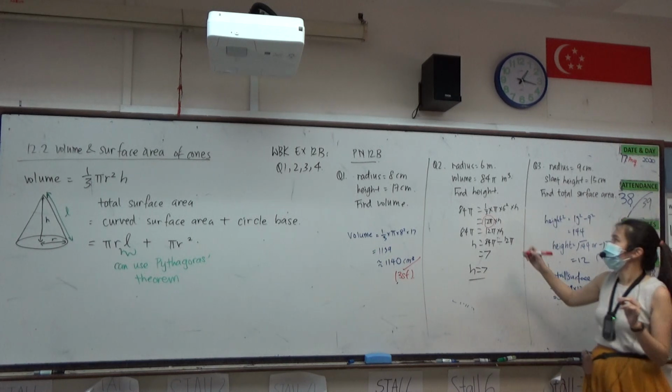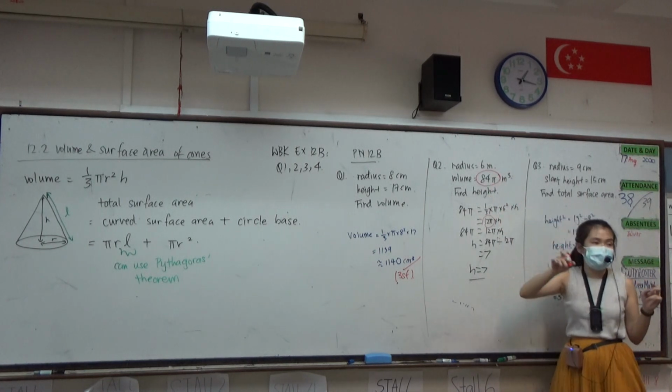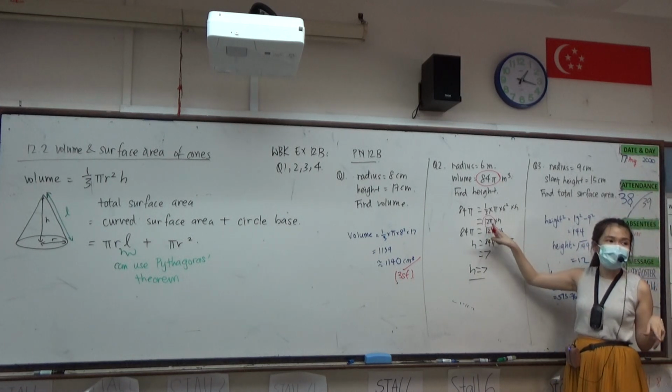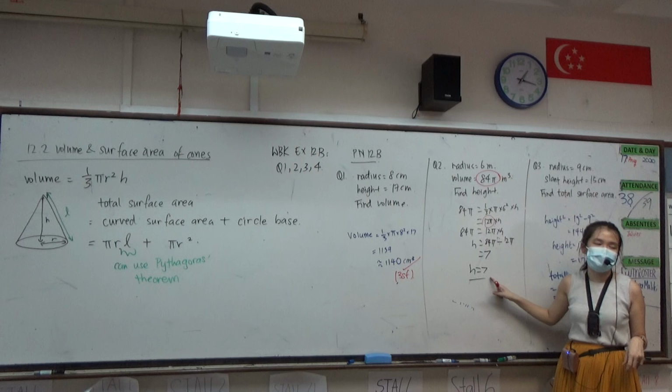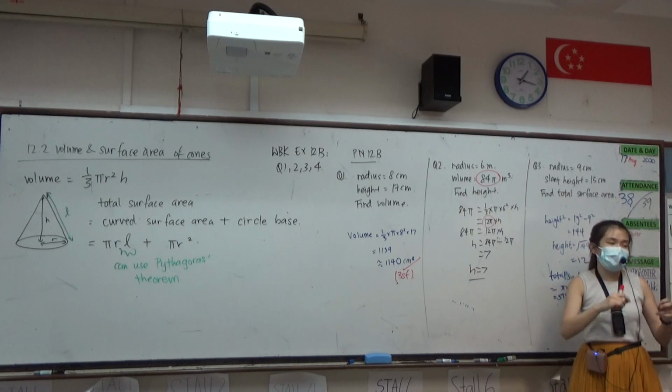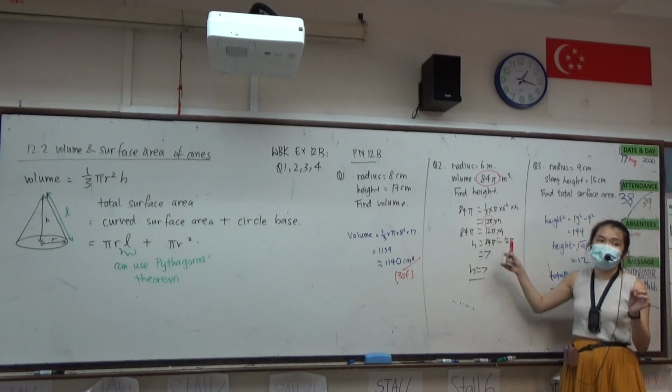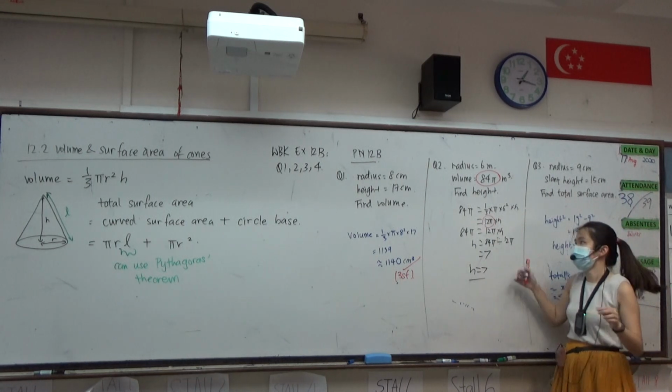Reason is because the volume given to you is in exact 84 pi. If you leave this in 12 pi, then you will get a very nice answer at the end, rather than a very long answer and then having to round off. So this is really maintaining good accuracy.